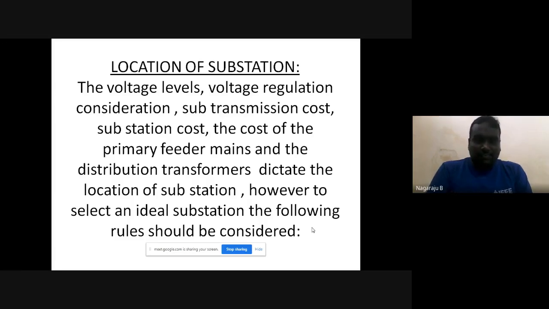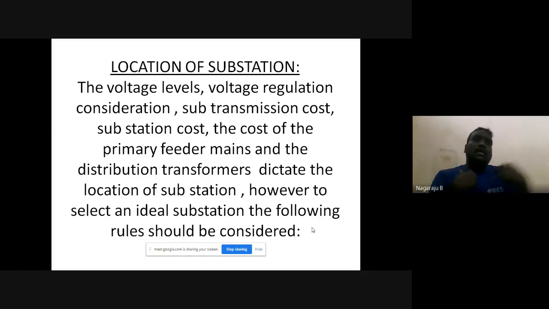The most economical position of the substation site is at the center of gravity of the loads to be supplied. So I have a huge amount of loads.